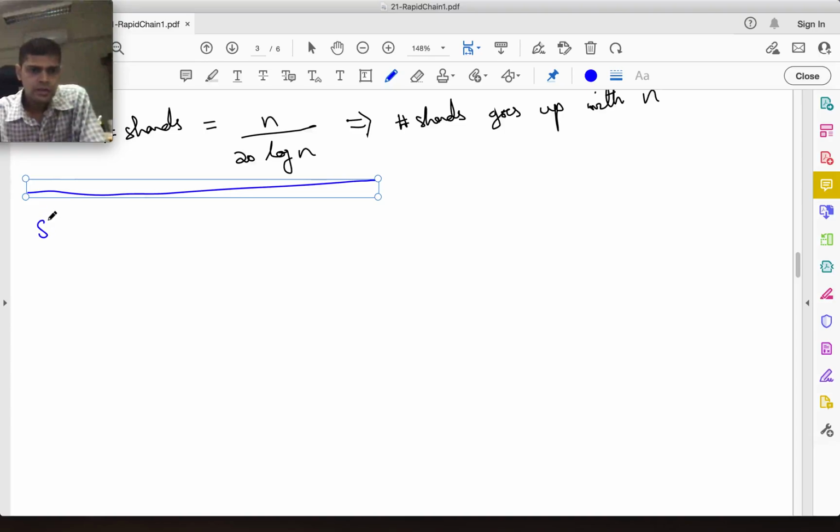So there are a number of shards in the system, and the first is the reference shard. Out of all the participants, suppose that there are initially n participants.